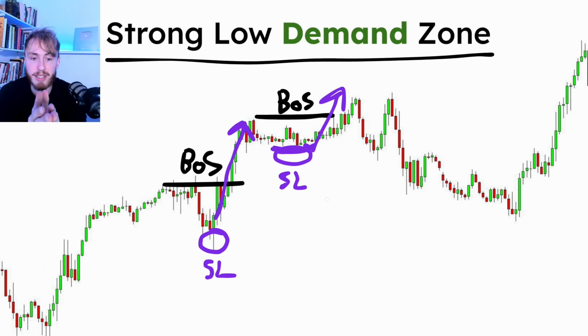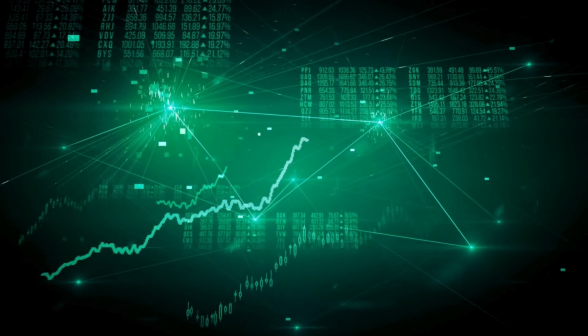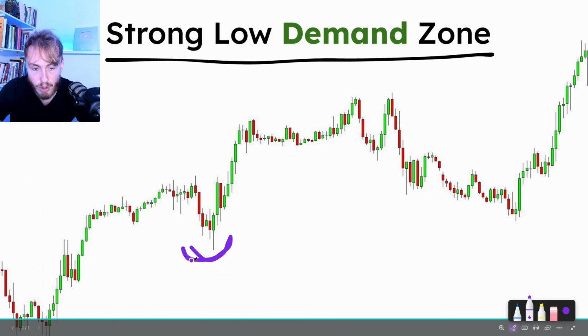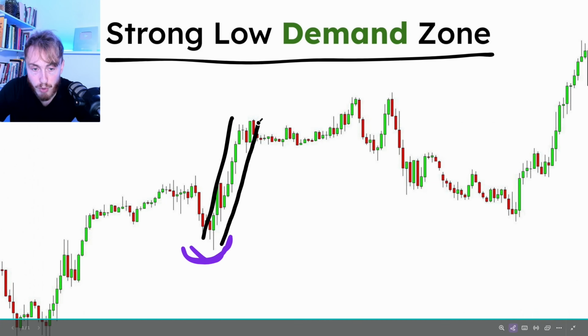However, and this is very key, it's not enough for us to have a strong low to consider it a strong low demand zone, because we also need to see a strong move to the upside. So in this example, you can see that from this strong low right here, we actually saw a very nice move towards the upside.